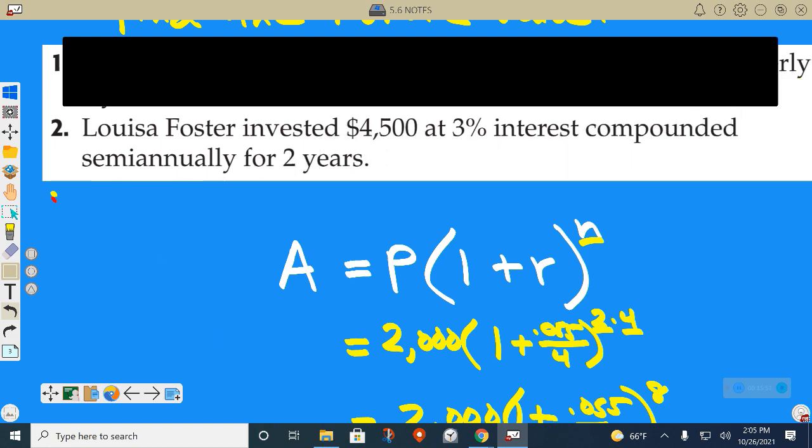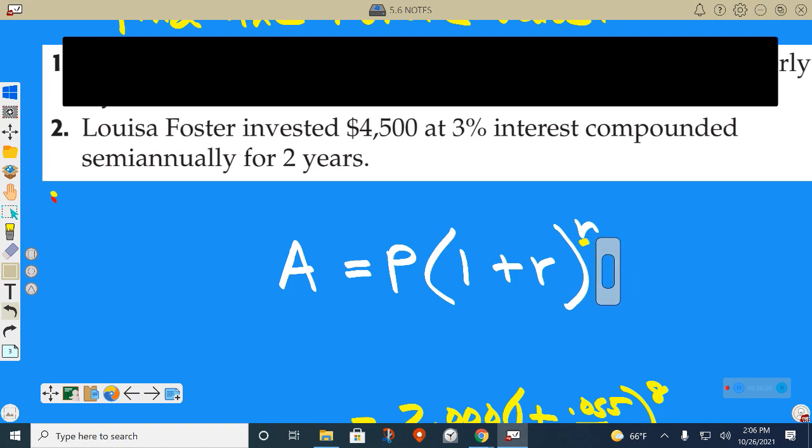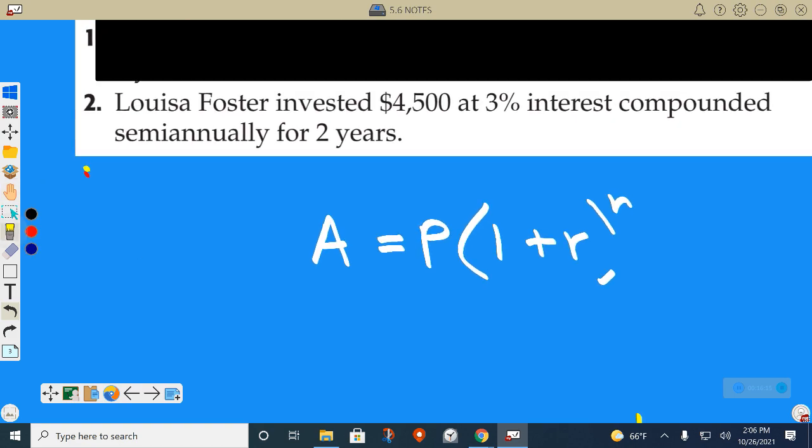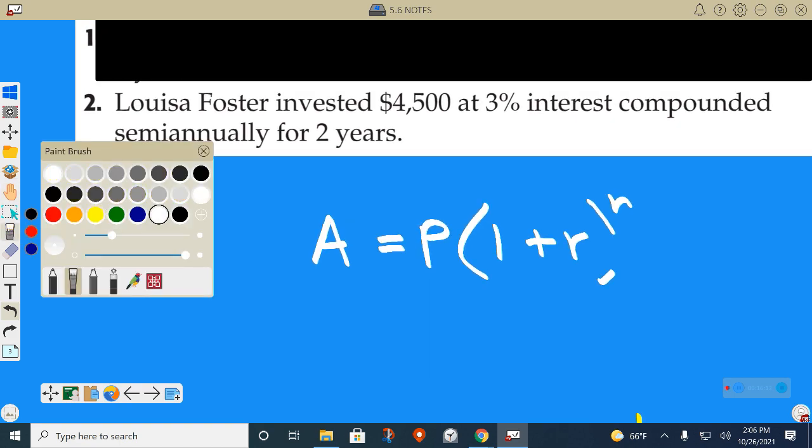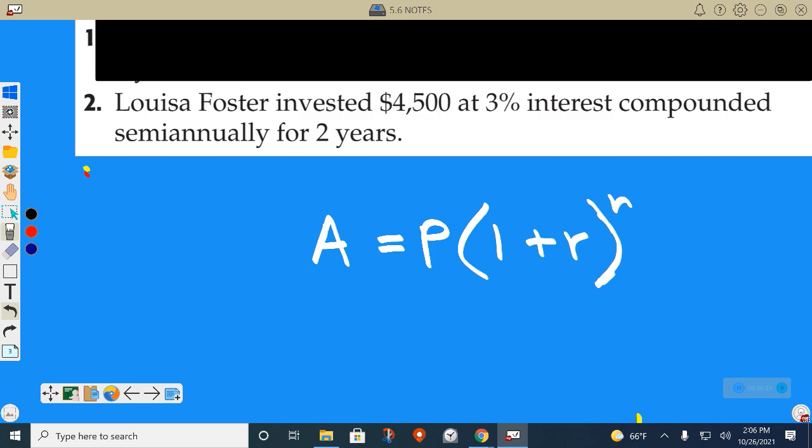Louisa Foster invested $4,500 at 3% interest, compounded semi-annually for 2 years. Last example. Write that down. Give you another minute. All right, here we go.